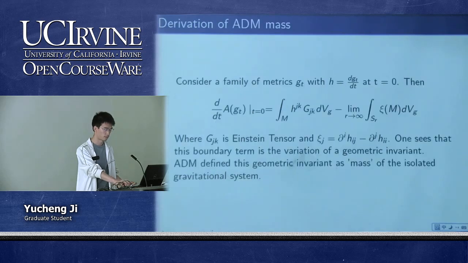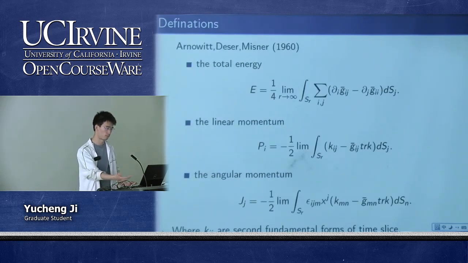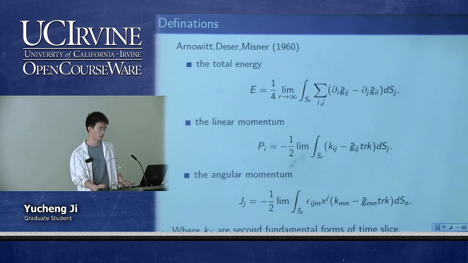Now let's see this term, partial_i h_ij minus partial_j h_ii. We see this term in the integrand of the definition of energy. Similarly, we can also define the linear momentum and angular momentum. We won't go into details of how they make this definition.